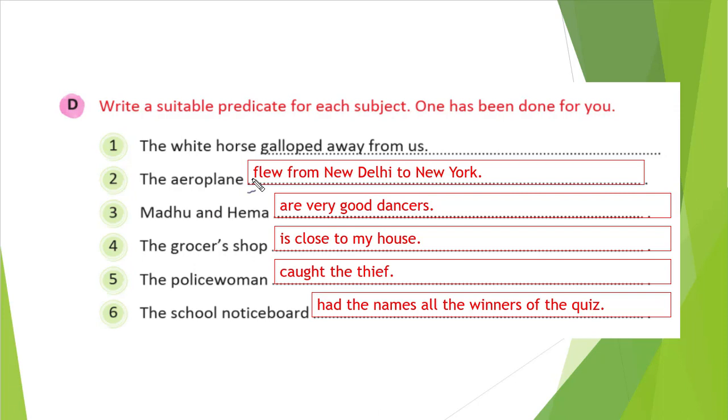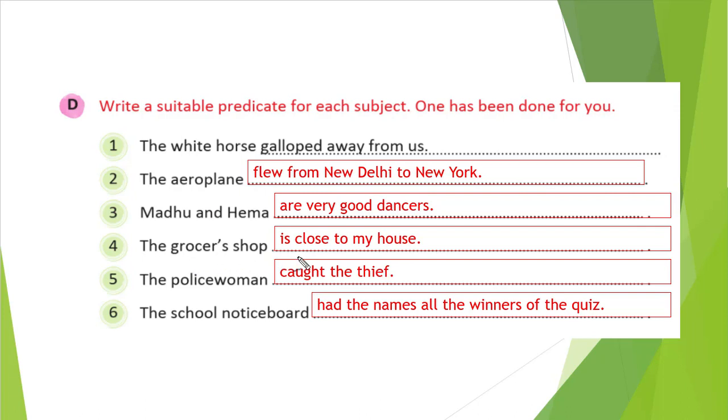Third one, Madhu and Hema. Madhu and Hema are twins, that also you can write. Or Madhu and Hema are very good dancers, or Madhu and Hema are very good singers. Whatever you find correct or appropriate, you can write. Fourth one, the grocer's shop is close to my house.